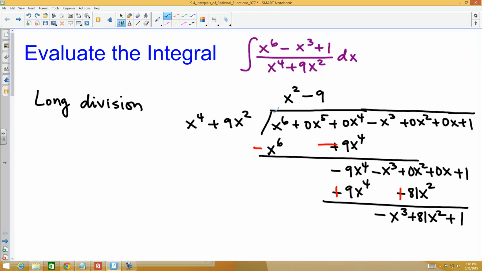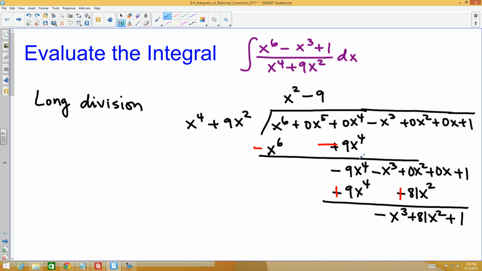Now how do we do it? Take x^6 divided by x^4, you get x squared. Multiply everybody here by x squared, you get x^6 + 9x^4. Then flip all the signs and simplify. Then you get negative 9x^4 - x^3, and then bring the remaining terms down.